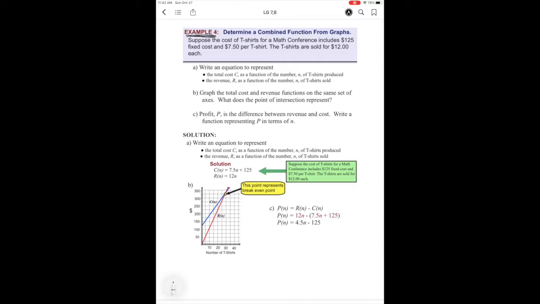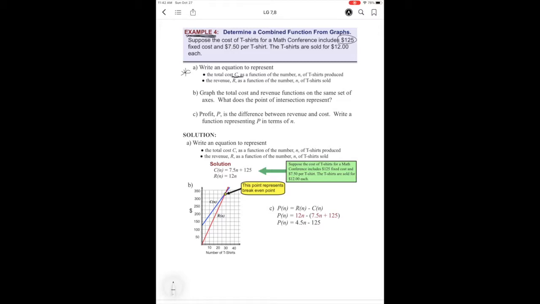Okay, so example 4, we have to determine the combined functions for the graph. The first question wants us to find the total cost. If you look at this question, we know the cost for you is going to be $125. That's probably the setup for your printing and the machines that are working with all the ink on your t-shirt.